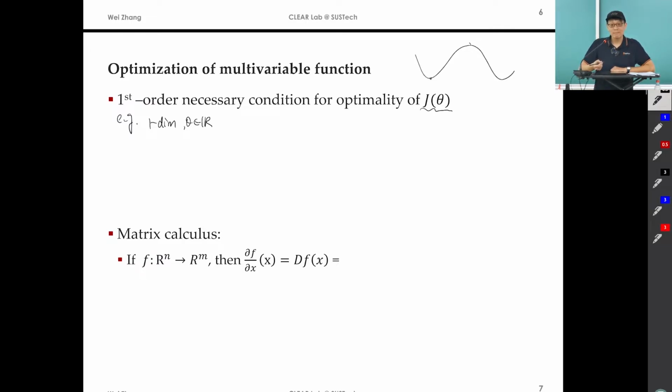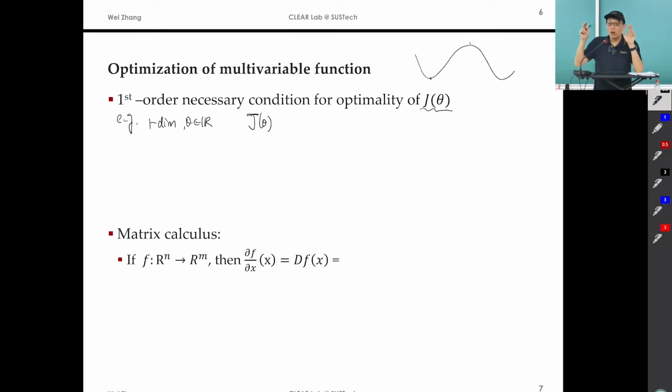Why does gradient equal to 0 tell you that's possibly an optimizer? Because by definition, an optimizer means you cannot find better ones.